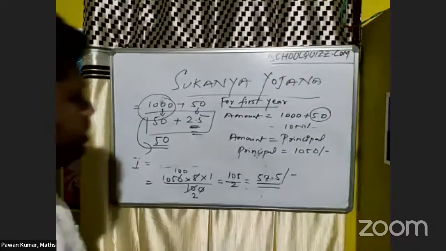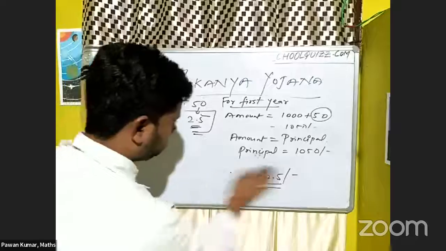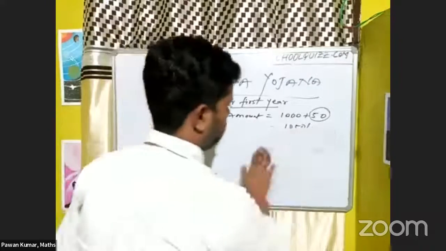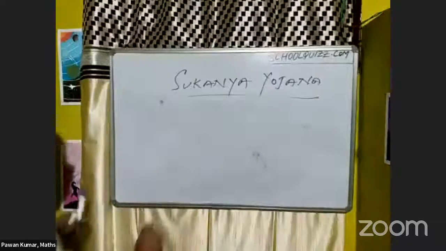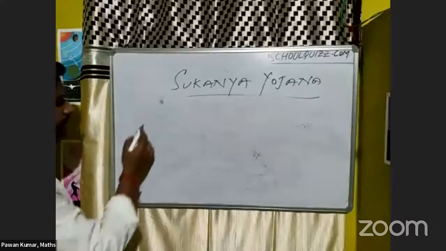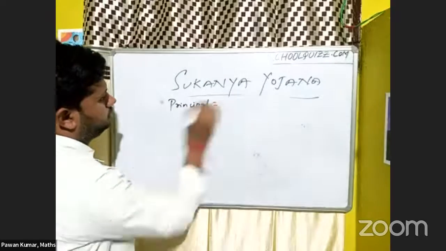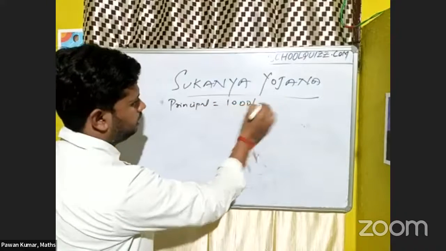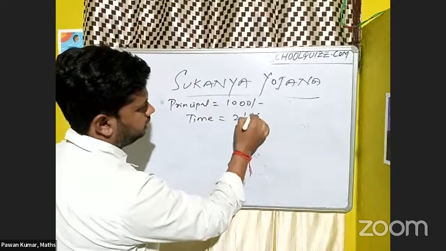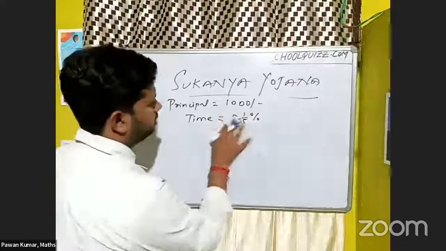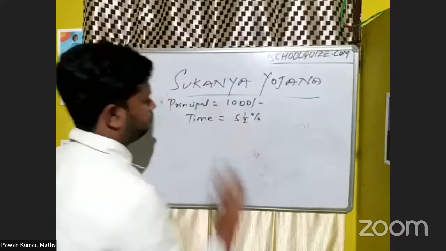So let's take some questions. Rani asked regarding fractional time. See, Rani, the simple thing is this: suppose the principal is 1000 only, and they mention the time as 2 1 by 5, or we can say 5 1 by 2.